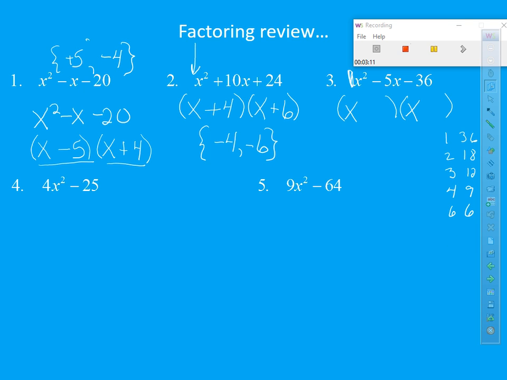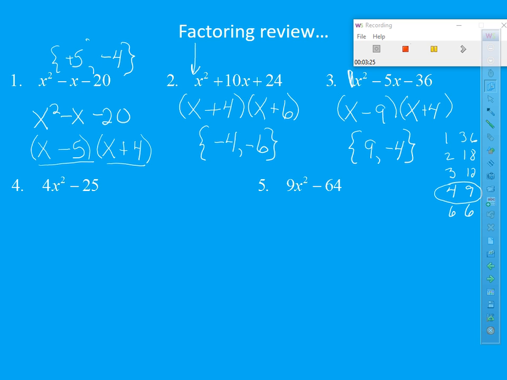Go find the ones that you can make add up to be negative 5. So I'm going to have a negative 9 and a positive 4, meaning my two solutions are going to be 9 and negative 4.